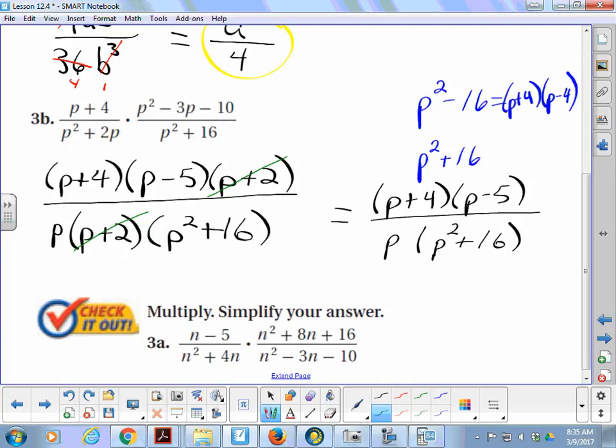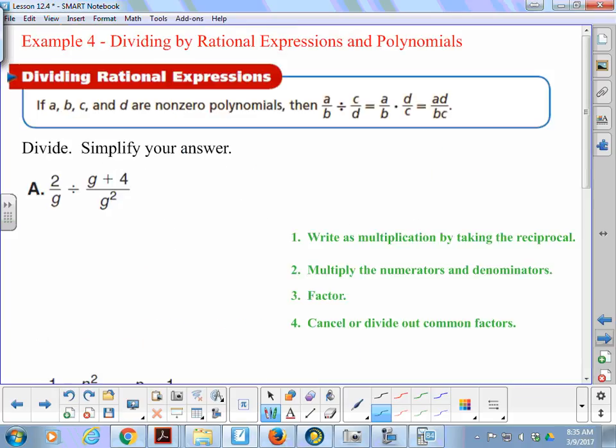All right, let's look at the division. Dividing is the same as multiplying, right? The only thing is we have to remember to copy, change, and flip.